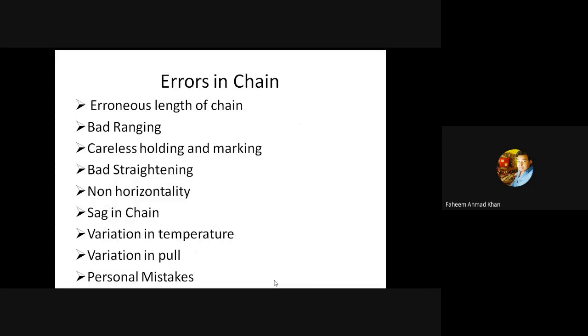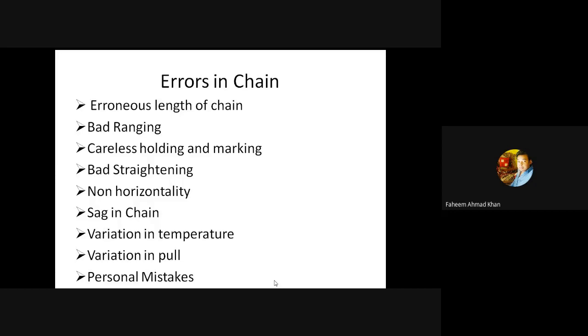If the length of the chain is more, the measured distance will be less and hence the error will be negative. Similarly, if the chain is too short, the measured distance will be more and the error will be positive. However, it is possible to apply proper correction if the length is checked from time to time. For this, you have to check the change in length from time to time.